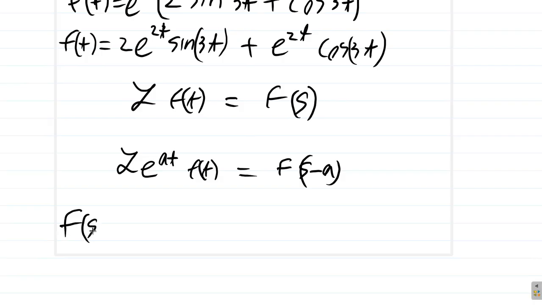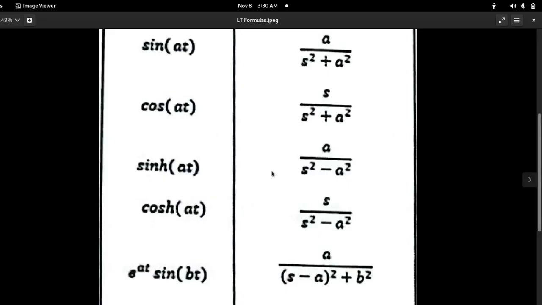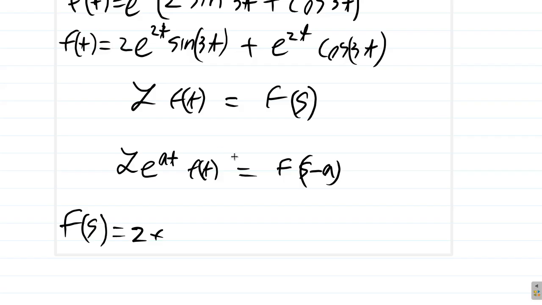Now F(s) is going to be 2 times the Laplace transform of sine 3t. For sine at, it is a over s squared plus a squared. So for sine 3t it is 3 over s squared plus 3 squared. But guess what now?